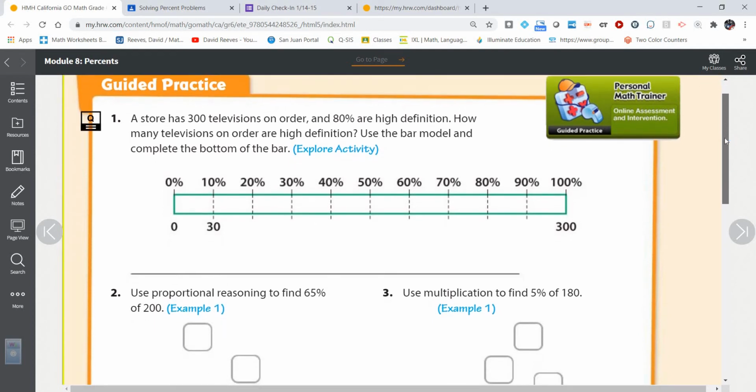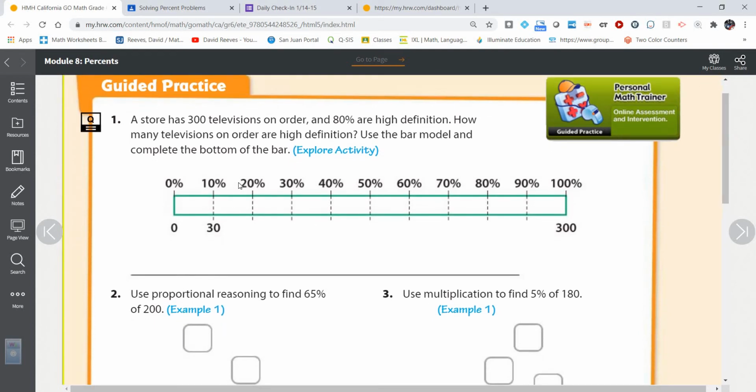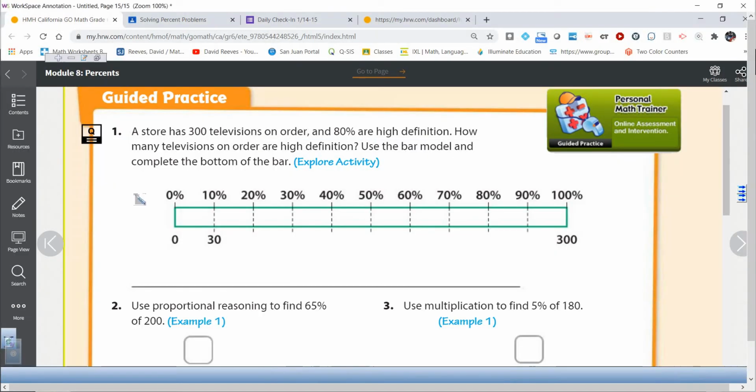So here we go. Number one, a store has 300 televisions on order. 80% are high definition. How many televisions on order are high definition? Use the bar model. Okay, so remember when we are comparing these relationships, we have a percent relationship and we have a quantity relationship.